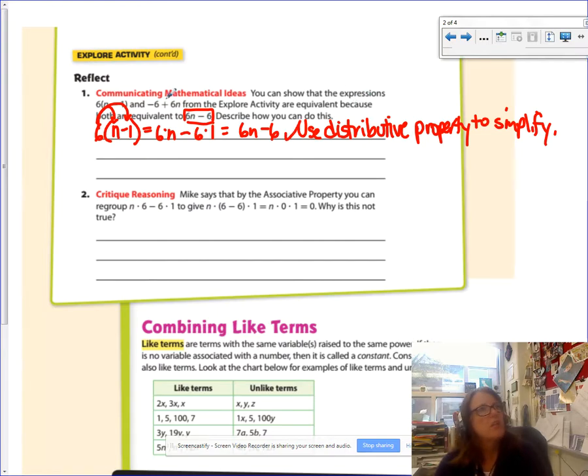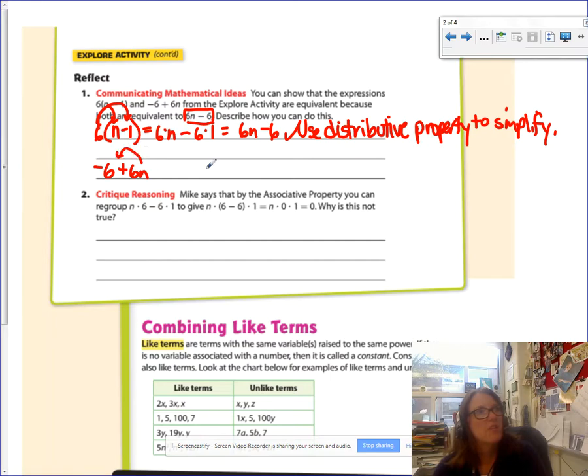That's the distributive property. Look at the other expression, which started out as negative 6 plus 6n. There is a great little property called commutative, which says you can change the order of anything that's an addition problem or multiplication problem, and your ending value will be the same. So what I'm going to do is switch the order because this is addition, okay?